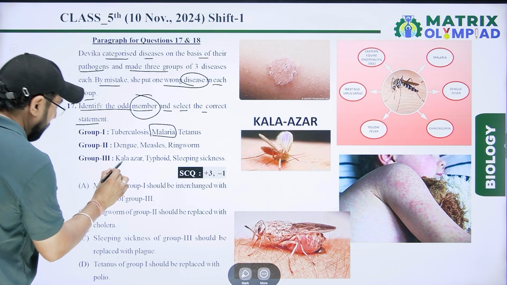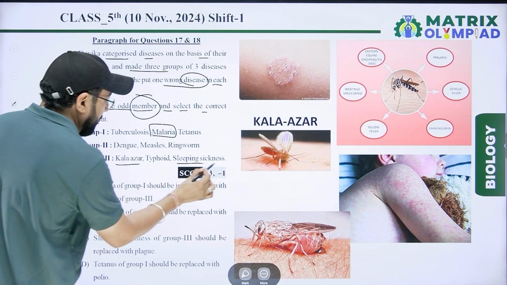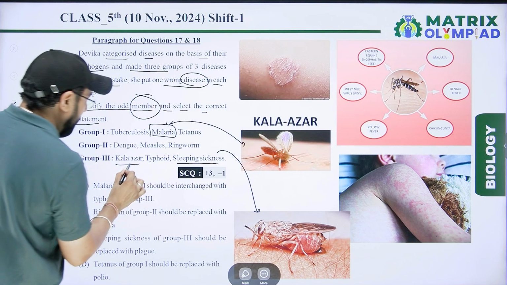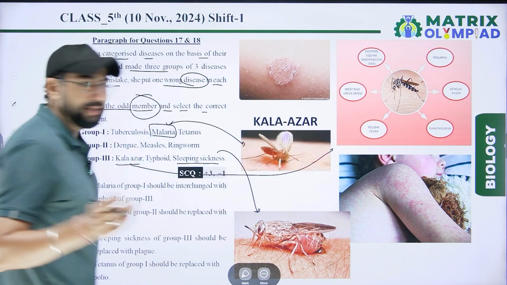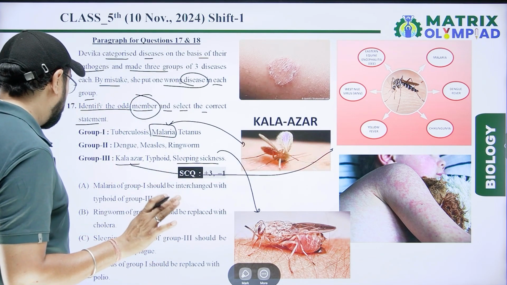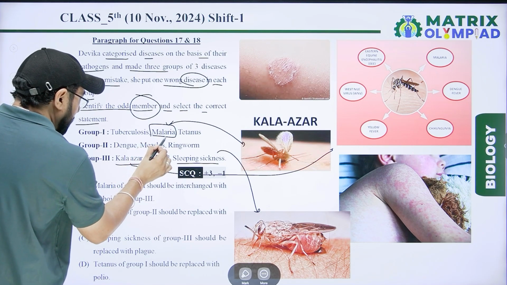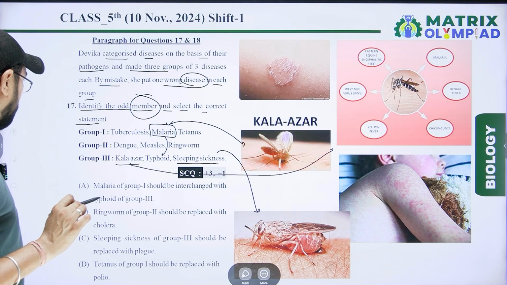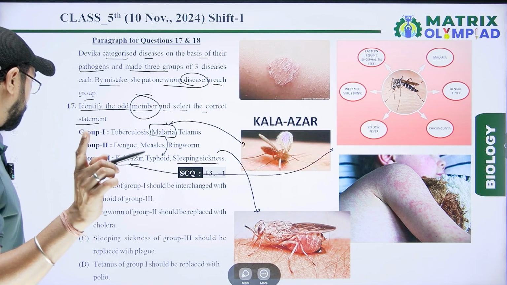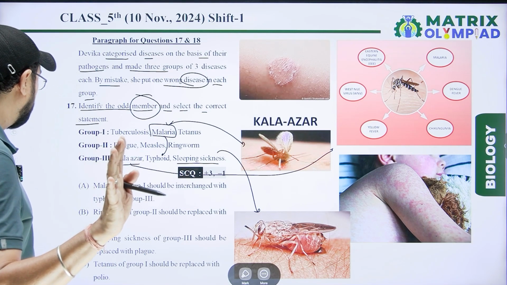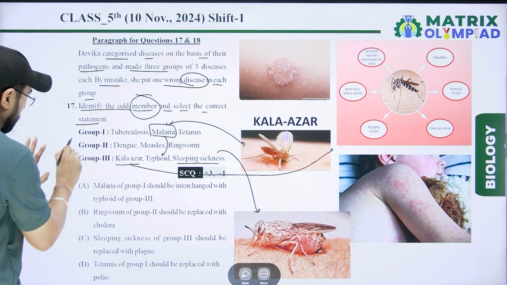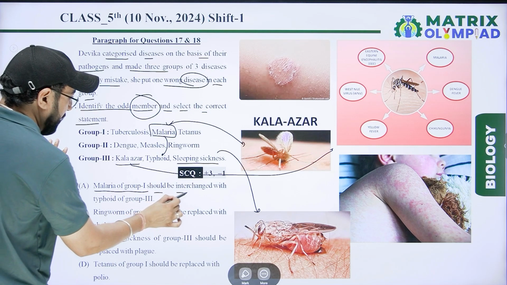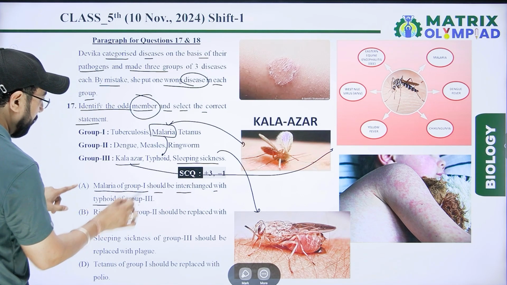First of all, Kala Azar, sleeping sickness, malaria. These are spread by insects. So if we transfer malaria to group third, measles, ringworm, no. So malaria of group first should be interchanged with typhoid of group third.